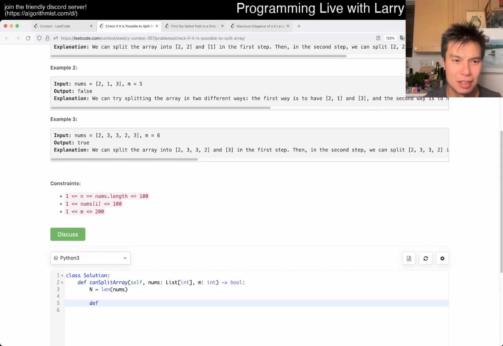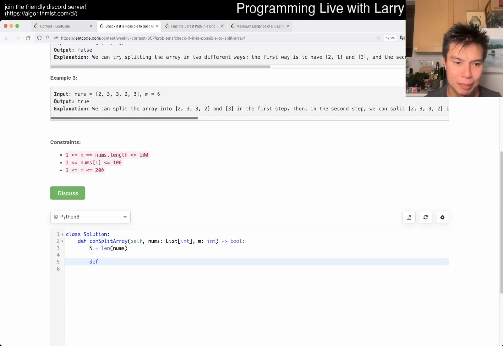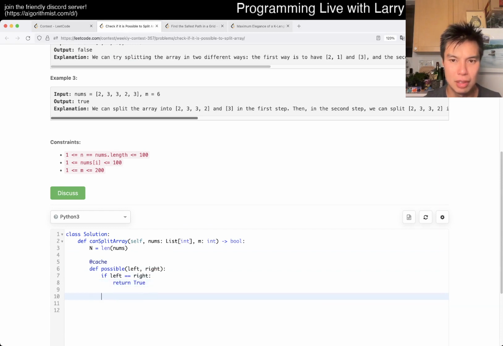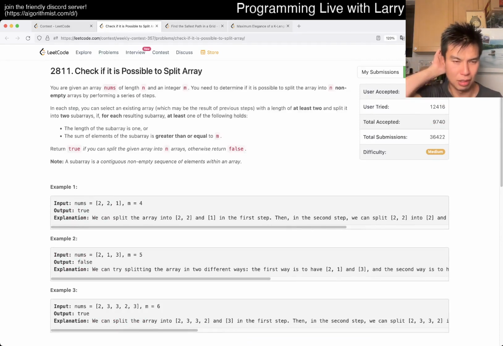I think it's easier. What's m again? M is the sum greater than thing. Do I do it recursively?